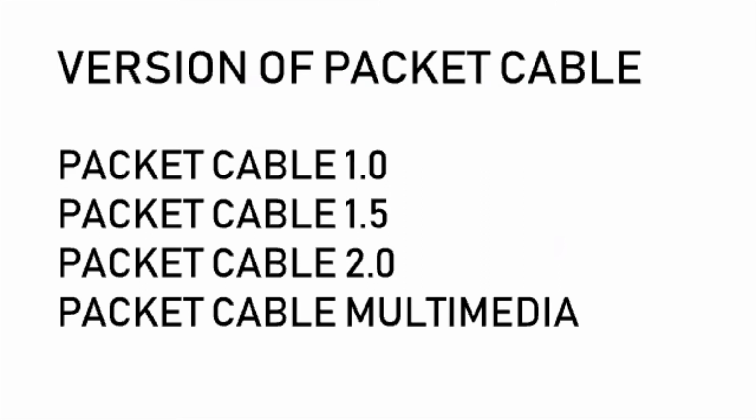Overall, the architecture of PacketCable consists of three networks: DOCSIS HFC access network, managed IP network, and PSTN. The node which interconnects the DOCSIS access network and the core network, such as the managed IP network, is the CMTS.